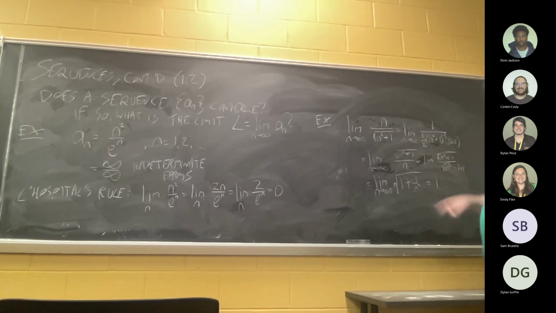And now you have n squared over n squared plus 1. Figure out the limit of that, and it's easier to see that that's going to be 1. And then take a square root of the result. And you get 1 that way, and the reason why that's okay in this case is because we can see the whole expression is positive. So we don't have to worry about getting the wrong sign or anything like that.